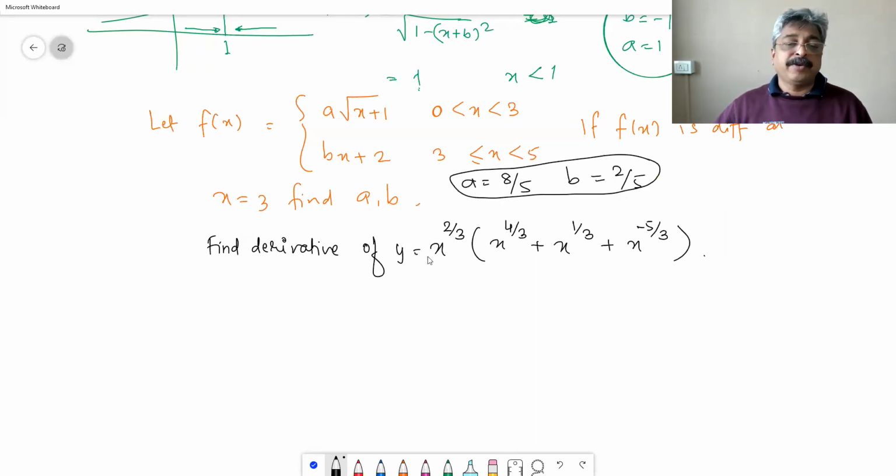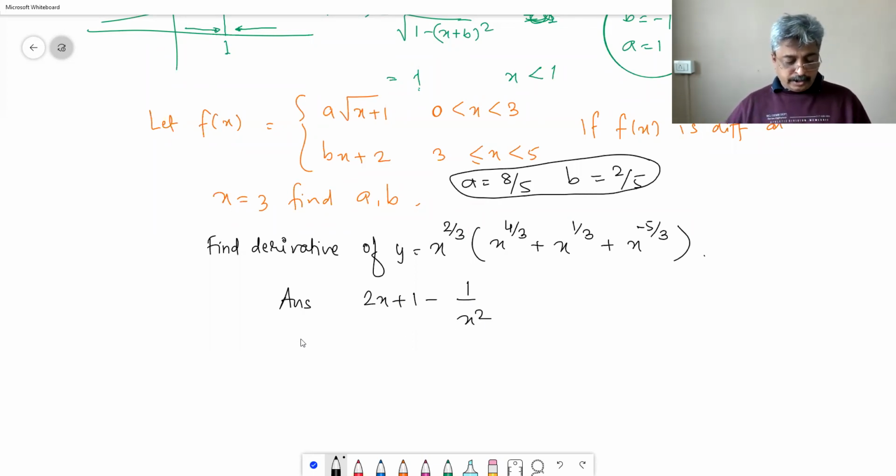Next problem is find the derivative of y is equal to x raised to 2/3 into x to 4/3 plus x raised to 1/3 plus x raised to minus 5/3, which gives 2x plus 1 minus 1 upon x square.